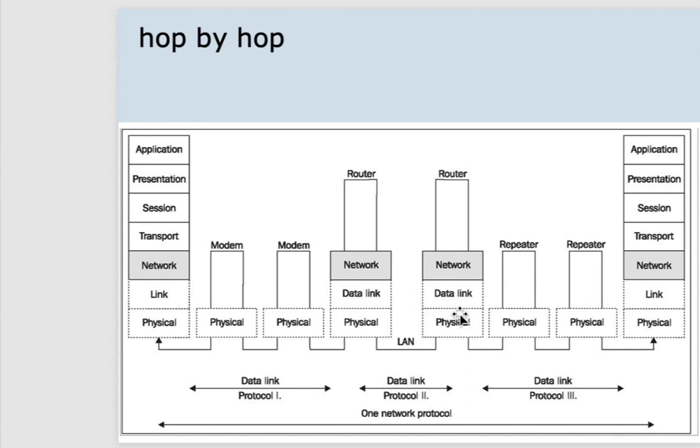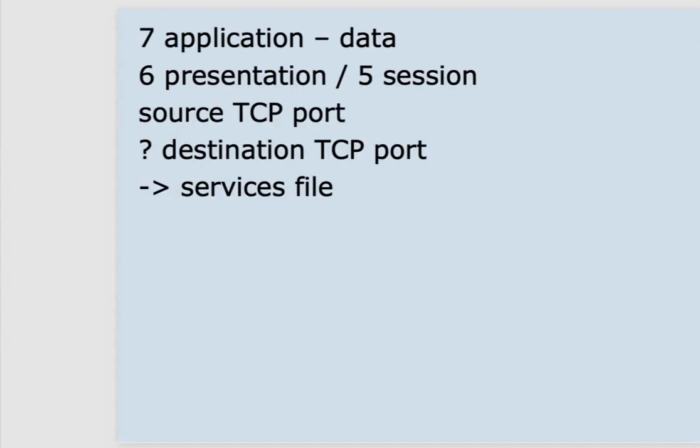So back at our source computer, we have layers 6 and 5 are part of the process. The application layer has generated some data. And the first thing we need to figure out is, what TCP port number will we assign locally to this process, this end of the conversation that's going to represent this particular application as different from other applications that might be running on this computer?